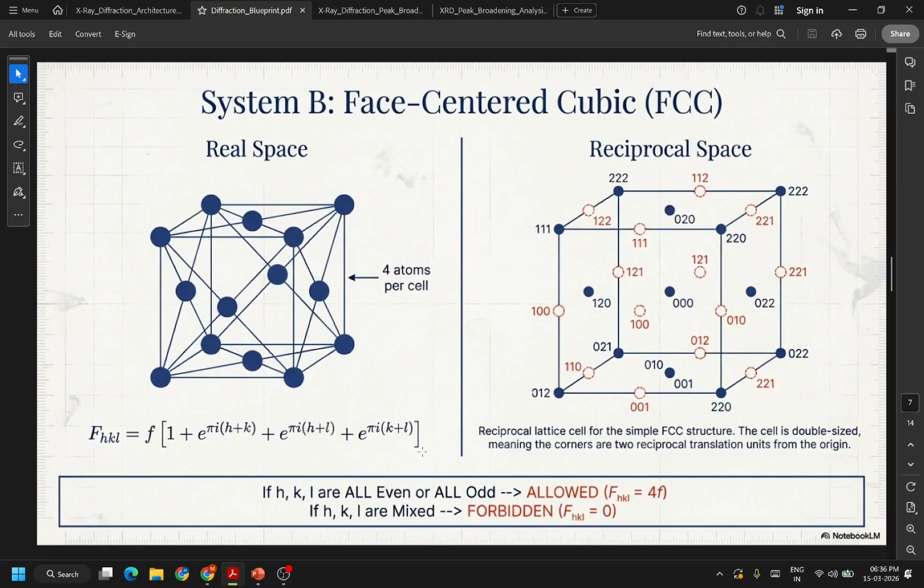So these are called hkl selection rules, and they are different depending on the lattice structure. For simple cubic, base centered cubic, body centered cubic, face centered cubic, the hkl selection rules are all different. And by seeing which peaks are present and which are absent, we are able to determine whether it is simple cubic, face centered cubic or body centered cubic.